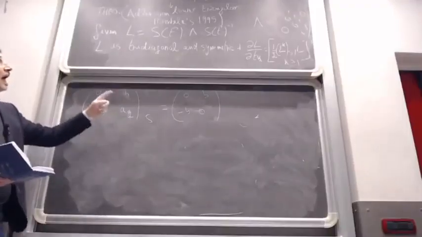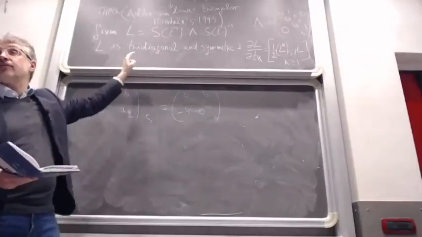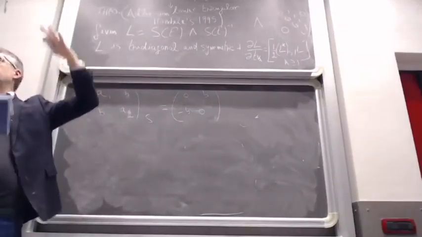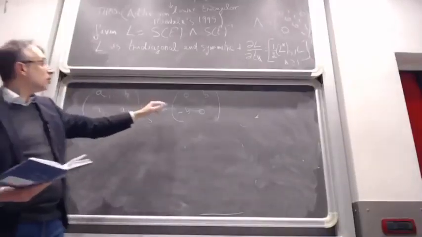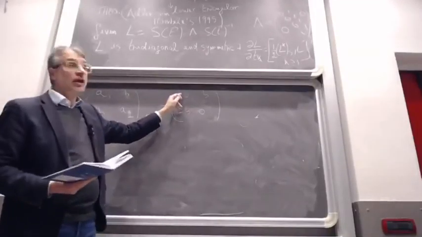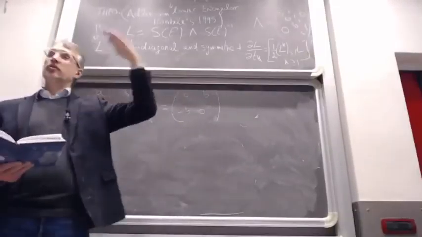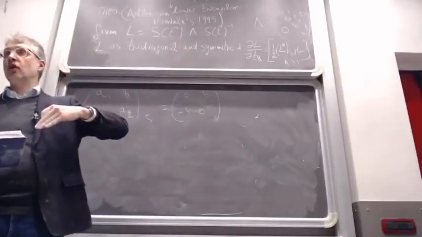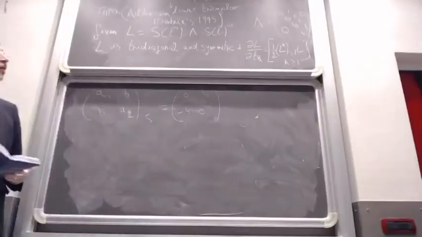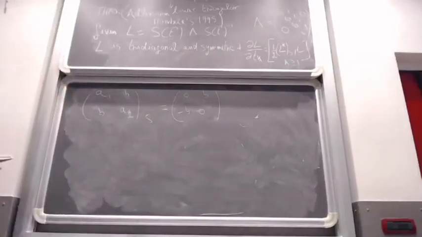So L is tridiagonal and symmetric. L to the power 2 will be pentadiagonal and symmetric, and the skew-symmetric part will be essentially a matrix where the main diagonal is 0, then you copy the upper triangular part into the lower triangular part and change the sign. So for a matrix of this kind it is just this simple expression.